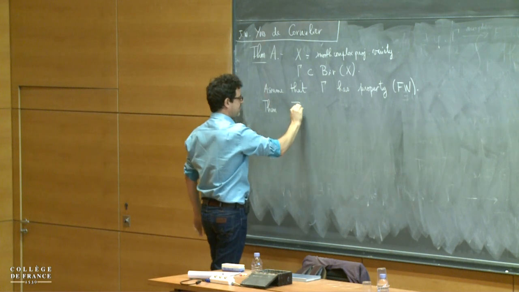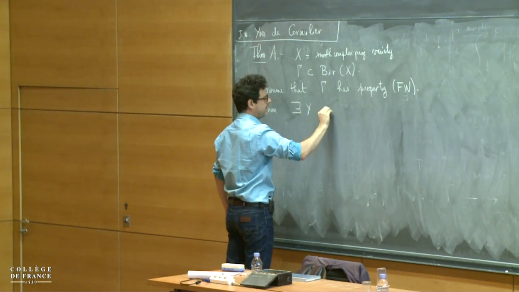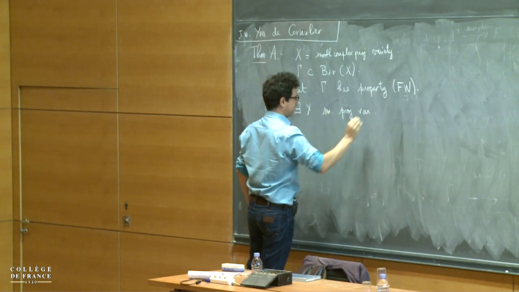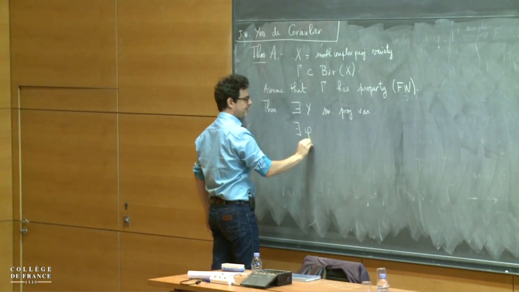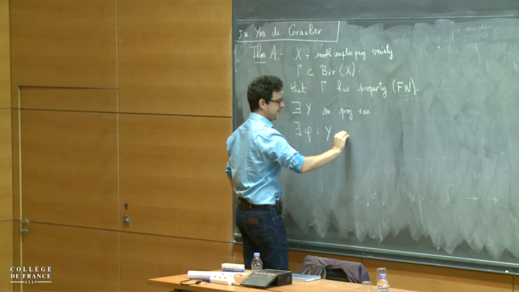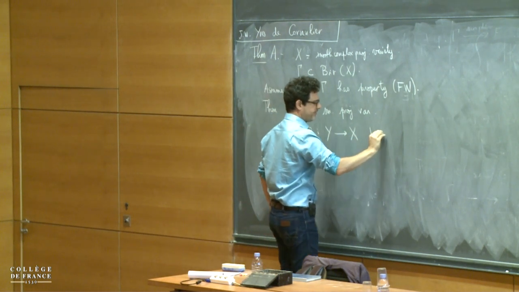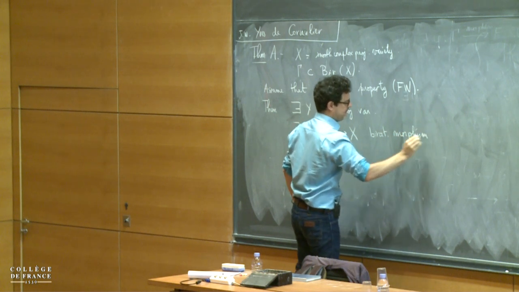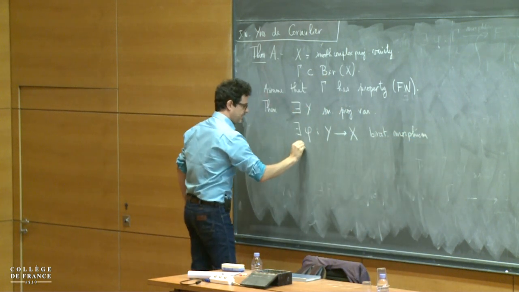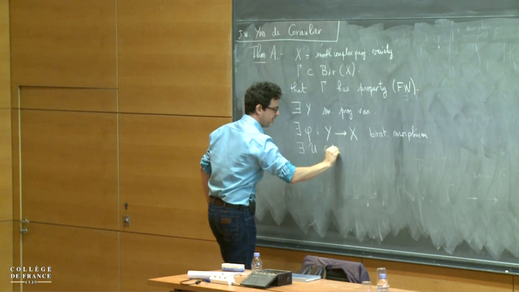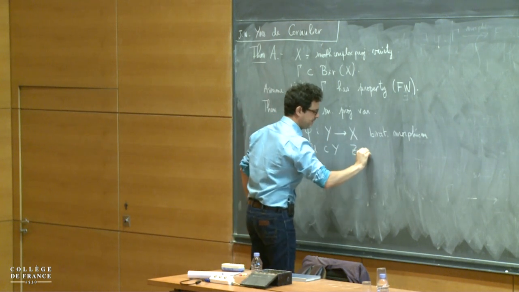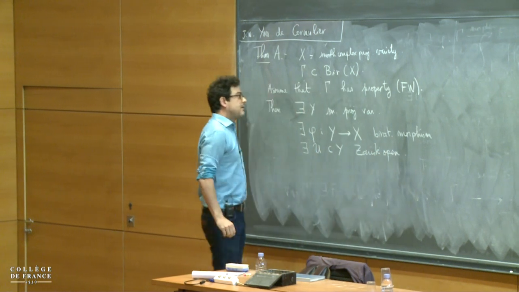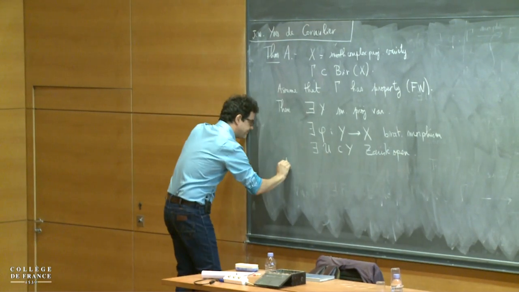Then there exists a Y, a smooth projective variety. There exists phi from Y to X, a birational morphism. And there exists U in Y, a Zariski open subset, with the following property.